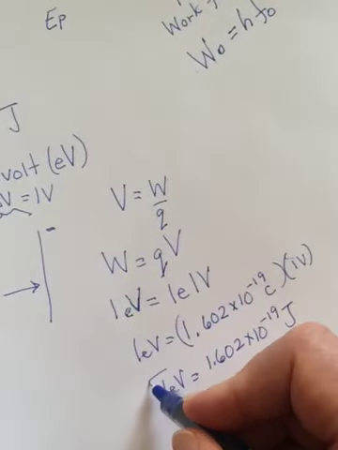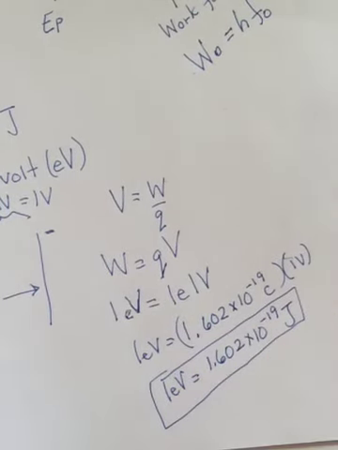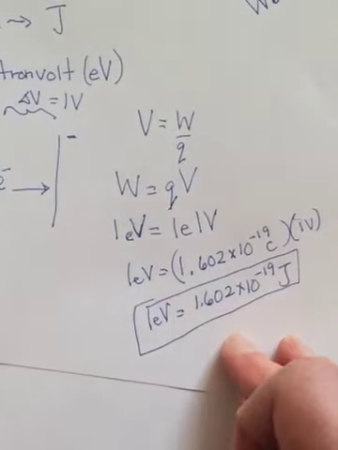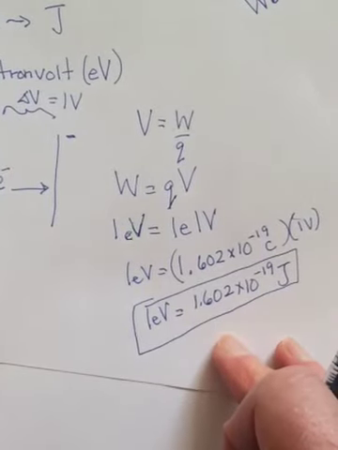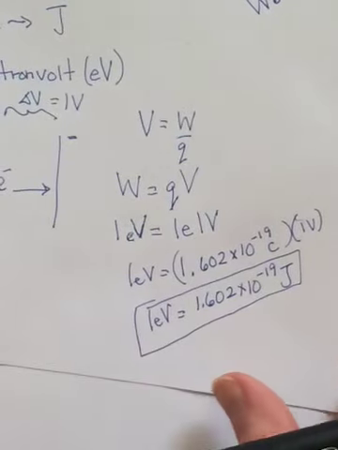And so 1 electron volt is equal to 1.602 times 10 to the negative 19 joules. That's kind of like saying 1 meter is equal to 100 centimeters. It's just a conversion factor that we're going to use.